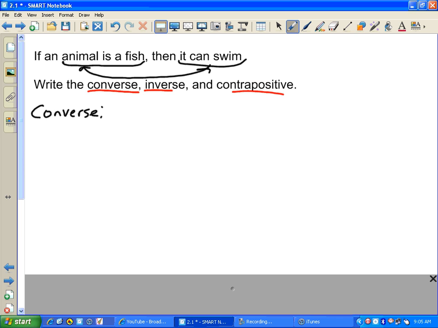Okay, they're going to switch spots. Okay, so there's my converse.